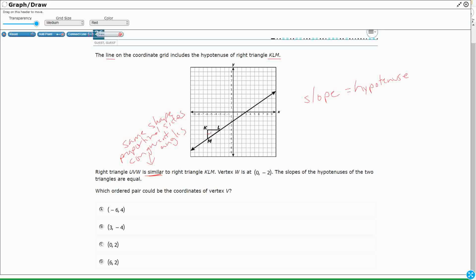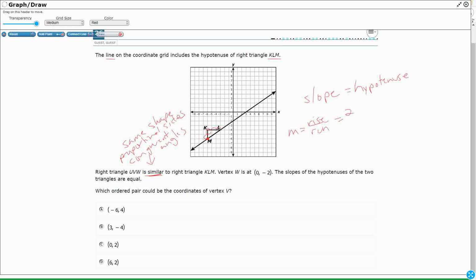All right, so what do we know about the slope of this? Well, if I were to go right here from M, slope equals rise over run. So I'm starting at M and I'm rising 2, and then I'm running, or going to the side, a positive 1, 2, 3.